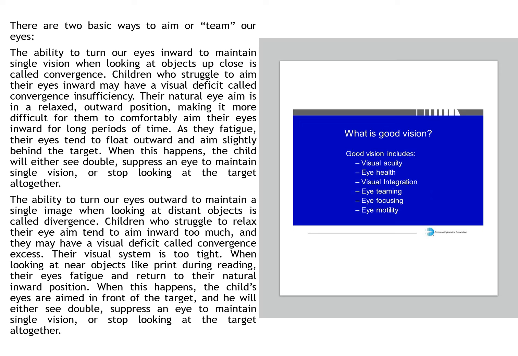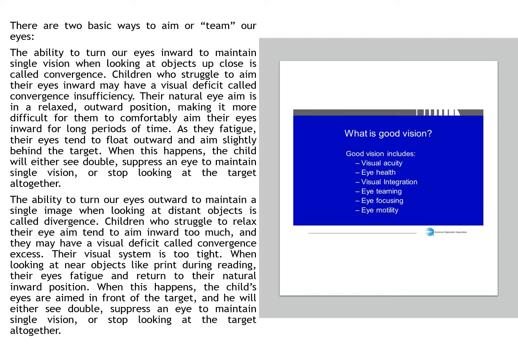The ability to turn our eyes outward to maintain a single image when looking at distant objects is called divergence. Children who struggle to relax their eye aim tend to aim inward too much, and they may have a visual deficit called convergence excess. Their visual system is too tight.